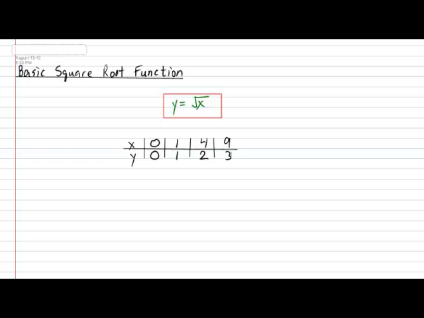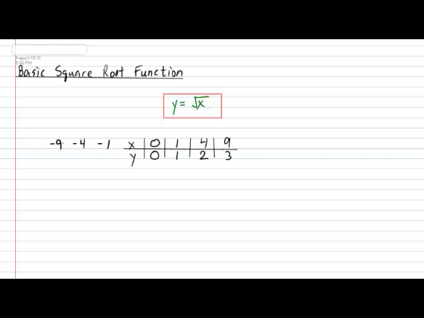Now before we graph this table of values, I have two very interesting questions to ask you. And you don't need to copy any of this down in your notebook. I just want you to listen for a moment. My first question is the following. Why did we not insert any negative x value, such as -1, let's say, -4, -9?